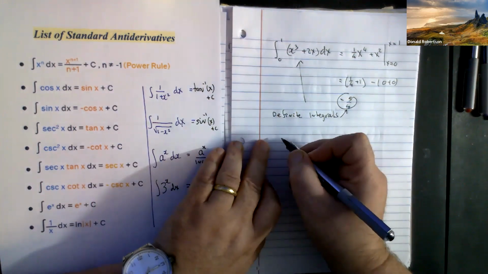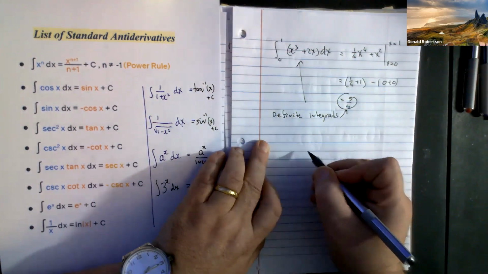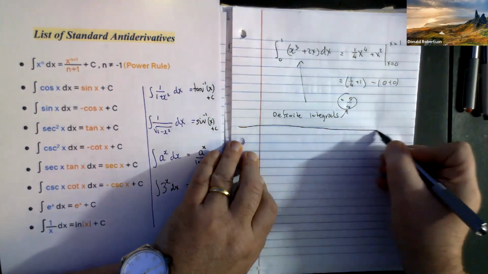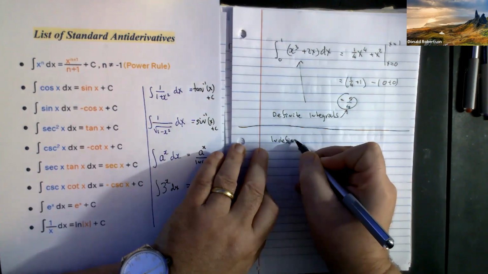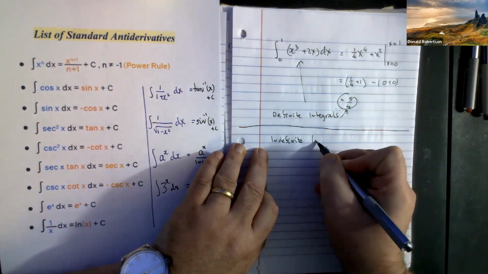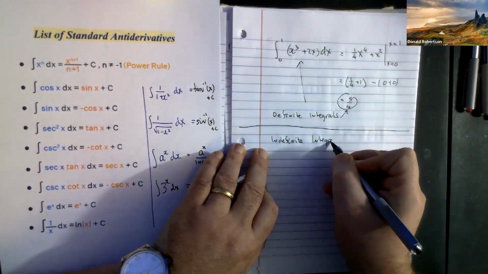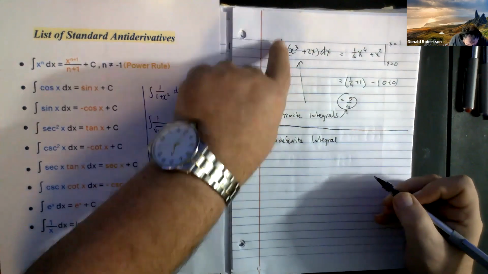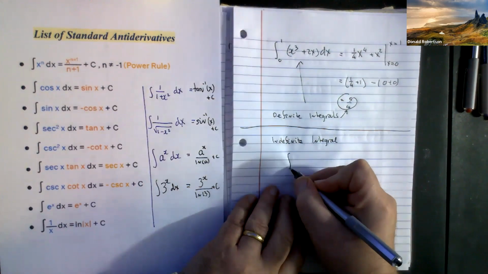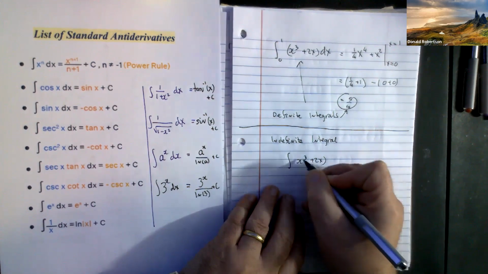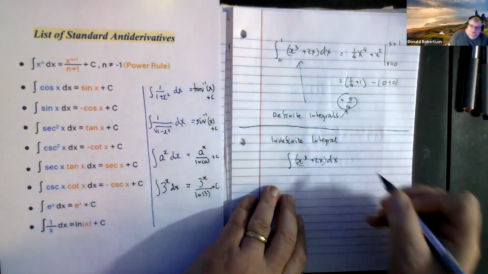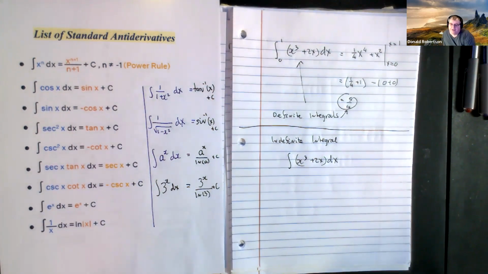So what does an indefinite integral look like? Well, an indefinite integral doesn't have limits of integration. So it would look like that guy. And so when you're asked to do an indefinite integral, you're really being asked to find the antiderivative.